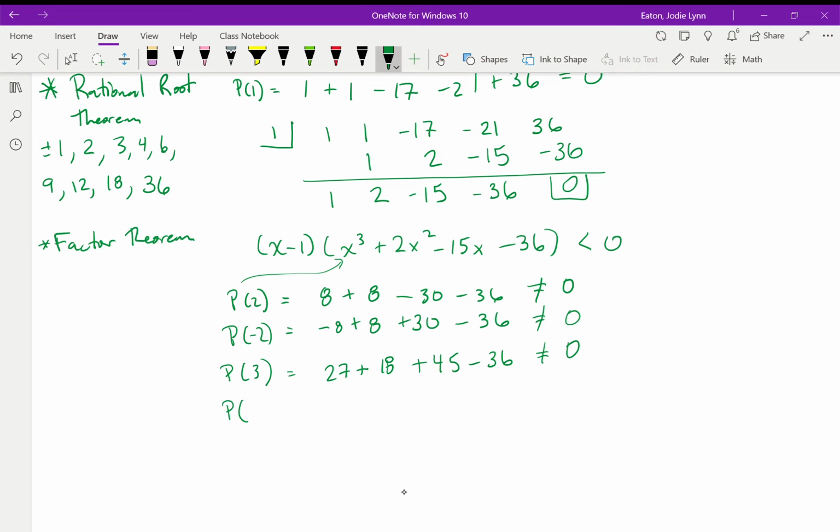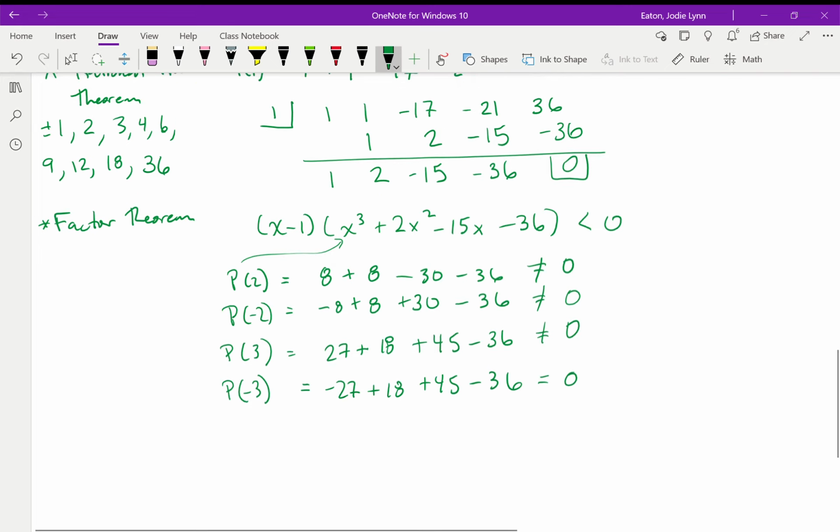Now we have p of negative 3, which is negative 27 plus 18 plus 45 minus 36. And that one actually nicely adds up, and we get 0.